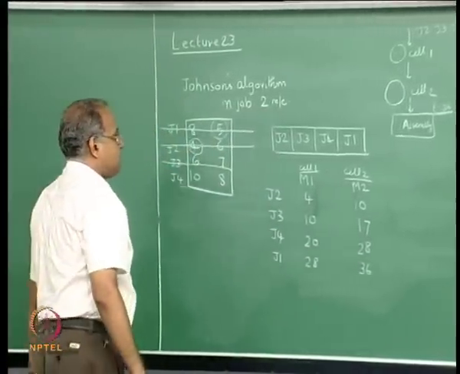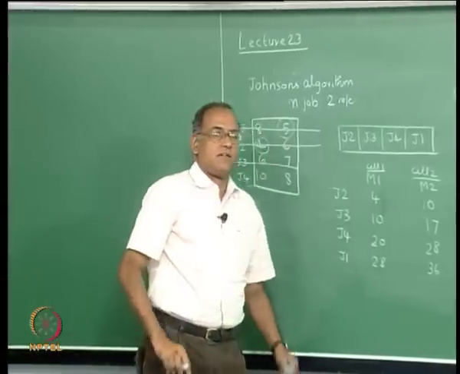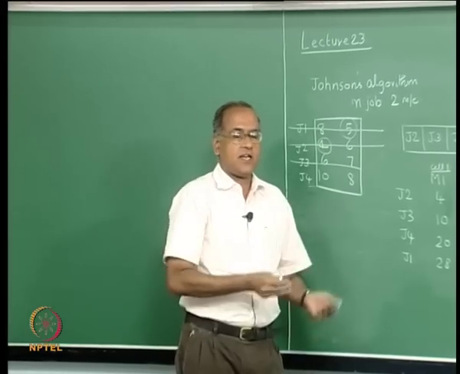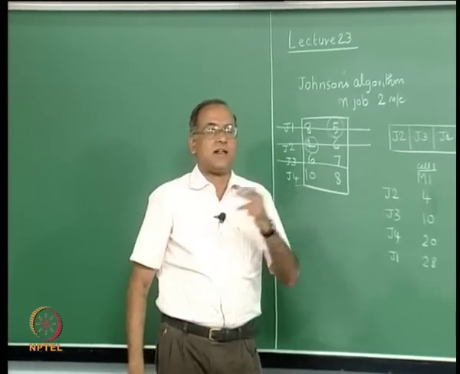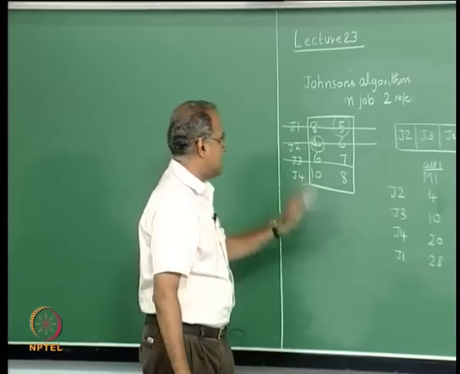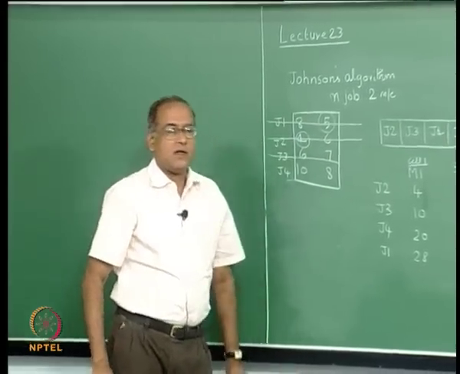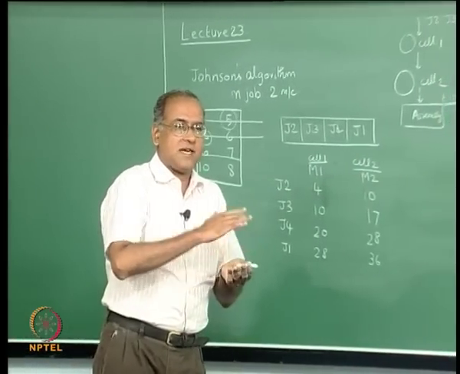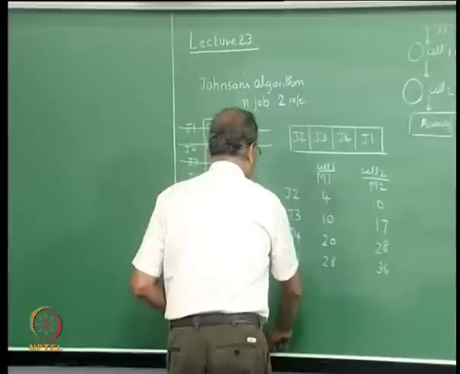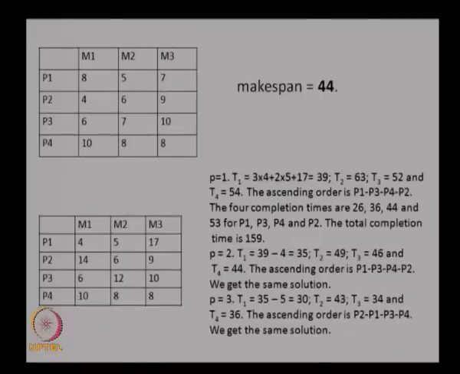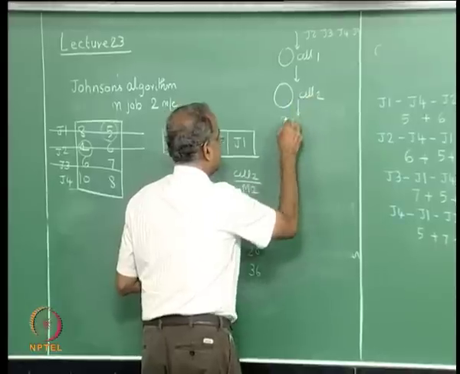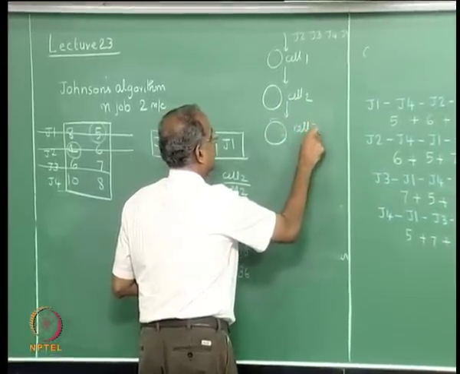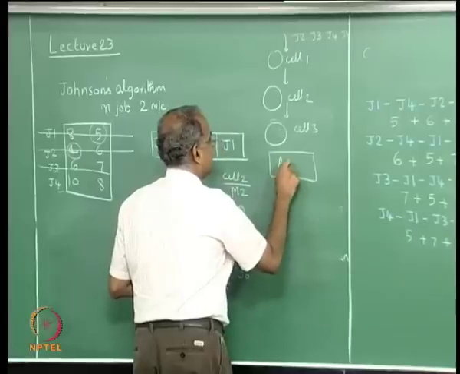So this is how you compute the make span when you have n jobs and 2 machines in the flow shop, and in our case n jobs and 2 cells in the flow shop with the time that is given here. But then there could be situations where we will have n jobs and 3 cells, as in the example that is given here. So we will have n jobs and 3 cells and then the assembly.